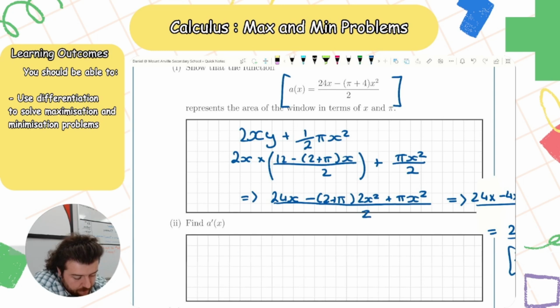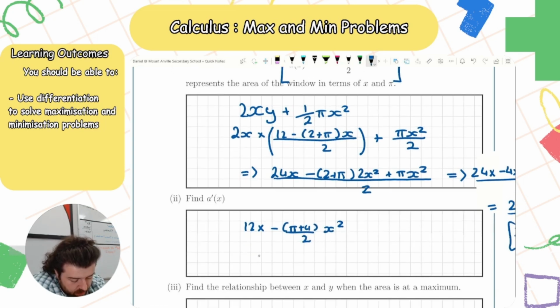Multiplying the half, 24x divided by 2 is 12x. Then that's going to be minus pi plus 4 over 2 x squared. Now let's differentiate it. 12x goes to 12, and the 2 brings down here, cancelling the half. So it'll be minus pi plus 4 x. There we go.